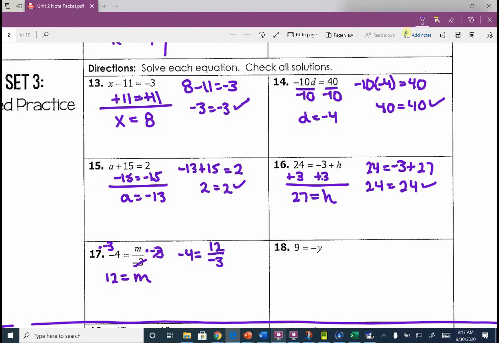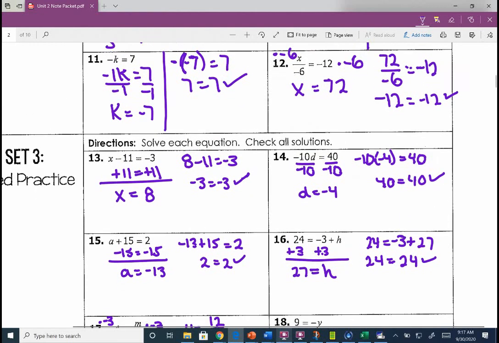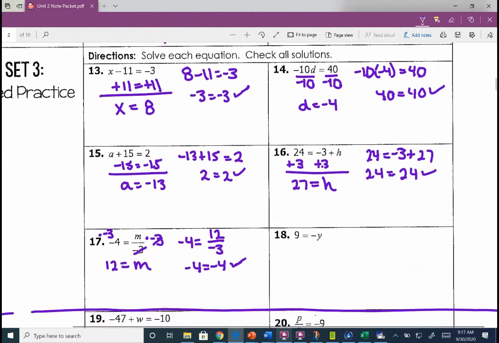The last one of these 6 that I asked you to try is number 18. Number 18 looks really similar to number 11 that I did at the beginning of class today. In front of the y, there's really a -1 if you can squeeze it in there. The -1 is right next to the y, which means we're multiplying. So to undo multiplication, we use division. +9 divided by -1 is -9, and we just have a y left over on the right.